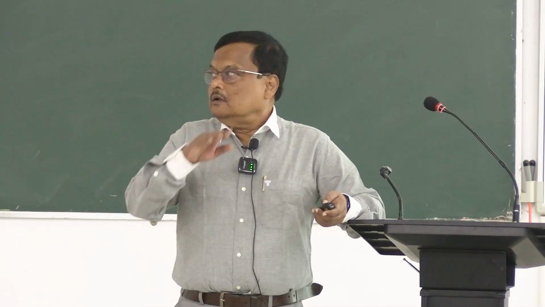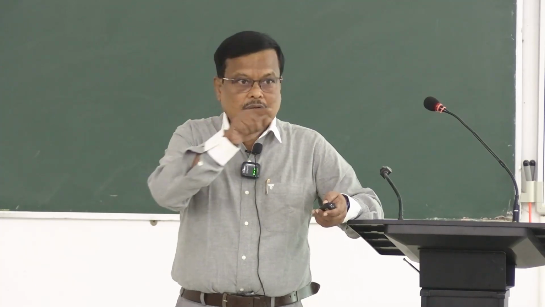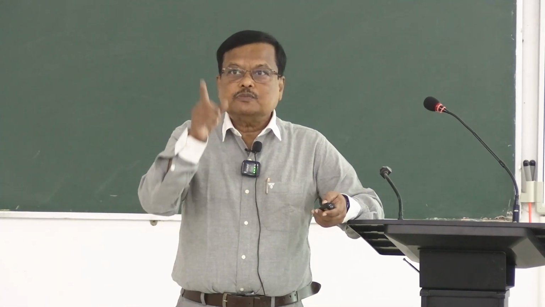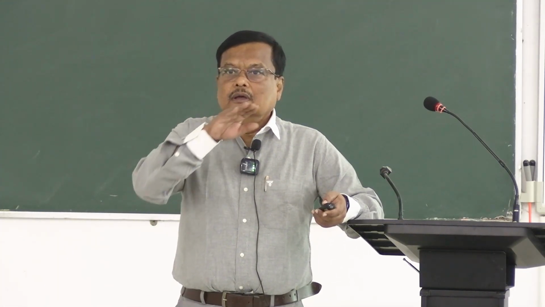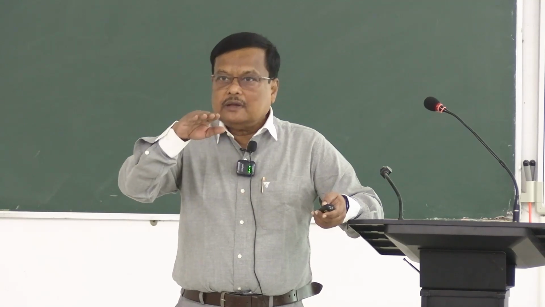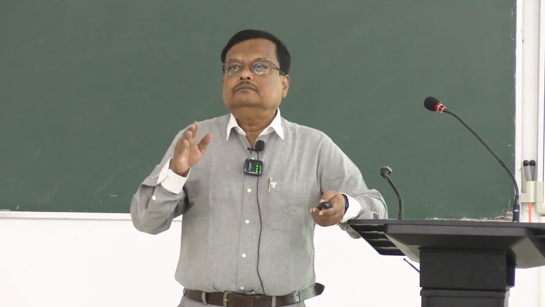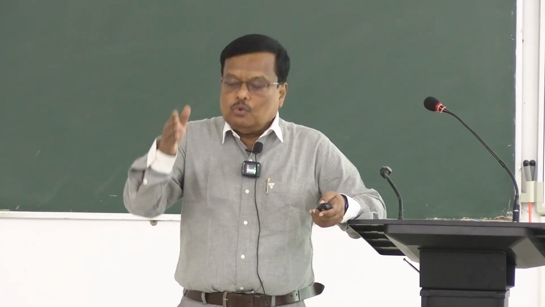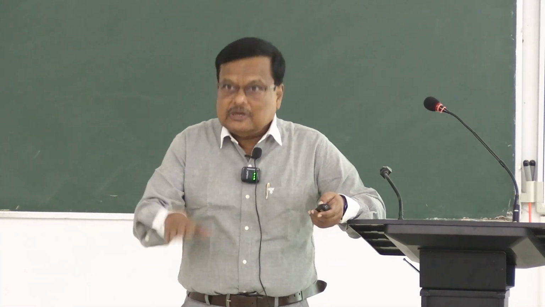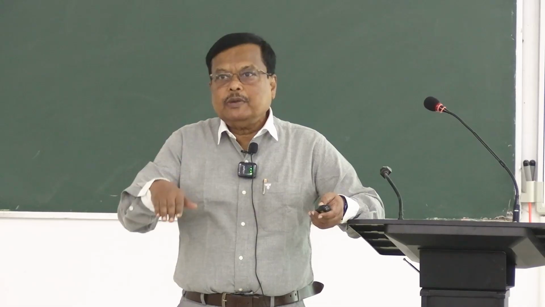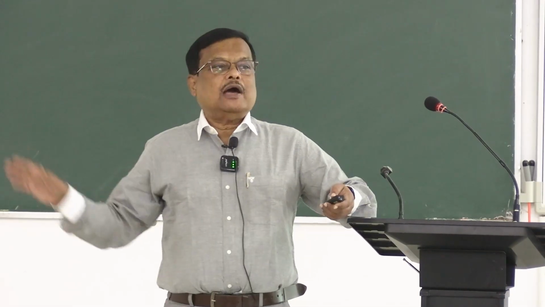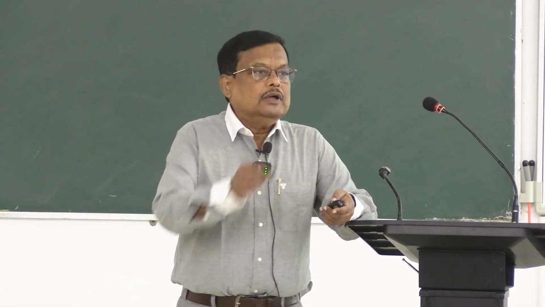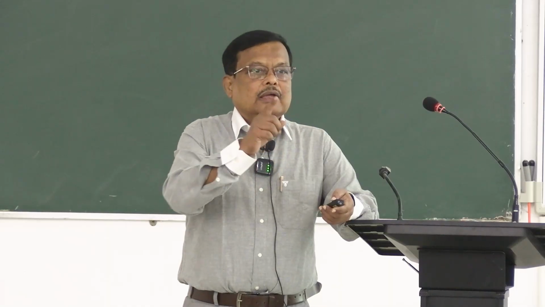Just before that, the epiblast cell, which is attracted by the primitive streak, first goes ventrally towards the hypoblast side and displaces the hypoblast cell to form the definitive endoderm.